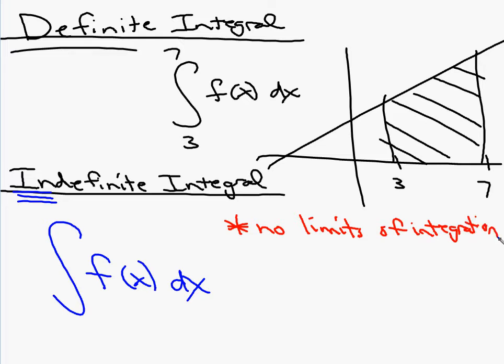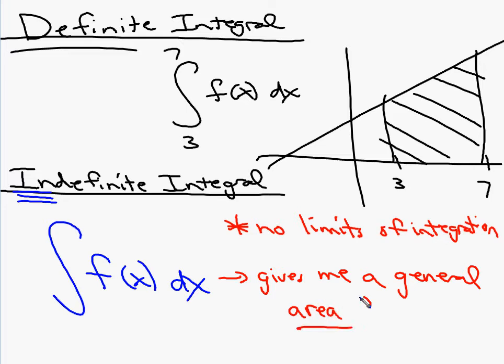All right. So what does it give us? Well, do you remember taking the derivative gives me the general slope function? Well, finding the indefinite integral gives me, I guess we could call it, a general area function, that I can use to find the area under the curve anywhere.